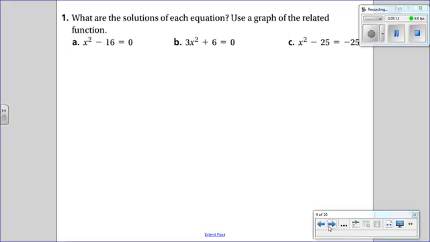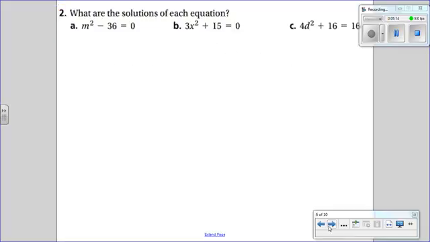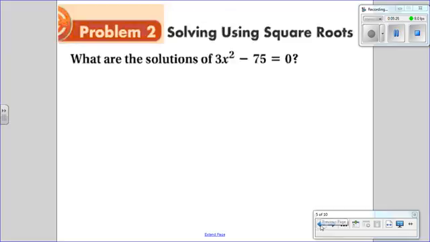So graphing, that's one way. Let me go back one. The other way is using square roots. So with square roots we basically solve the equation for x.